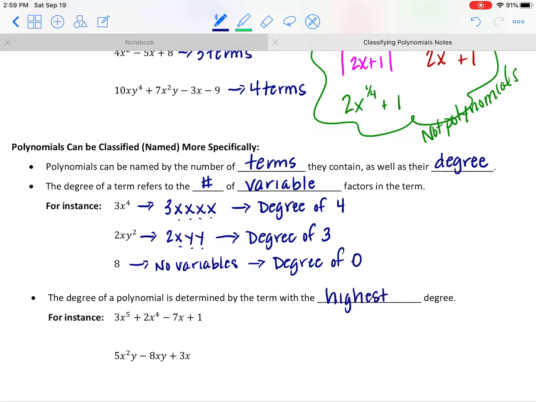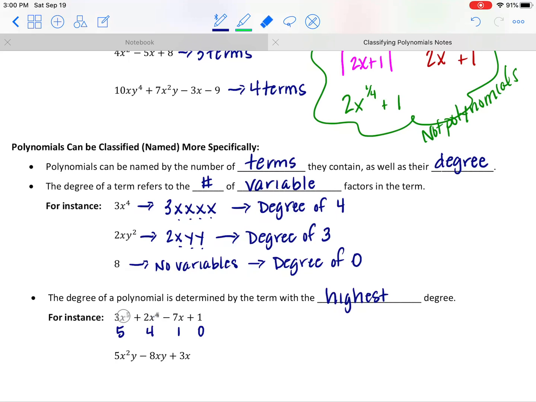For instance, if we look at 3x to the 5th plus 2x to the 4th minus 7x plus 1. Well, this x to the 5th here tells me this term has a degree of 5. And then this x to the 4th here tells me this term has a degree of 4. And then we have an x to the 1st here, so this term has a degree of 1. And then the 1 that doesn't have any variables tells me this last term has a degree of 0.